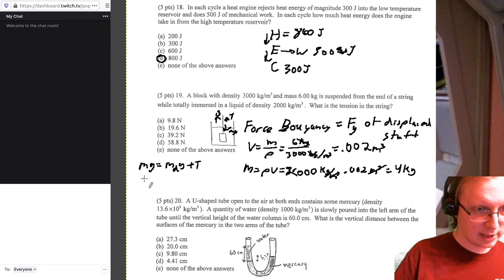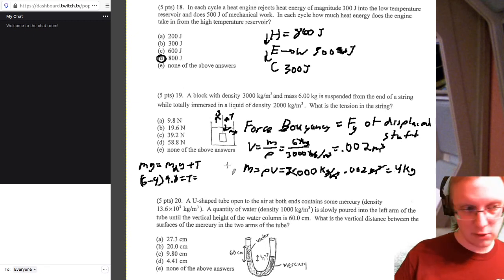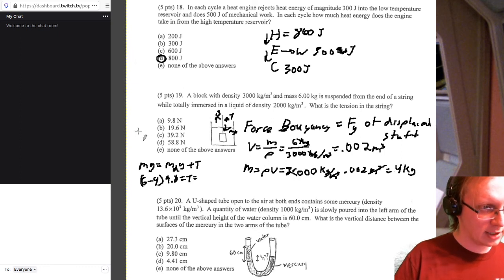So we end up with mass of 6 minus 4, times 9.8, and that is tension. So 19.6.